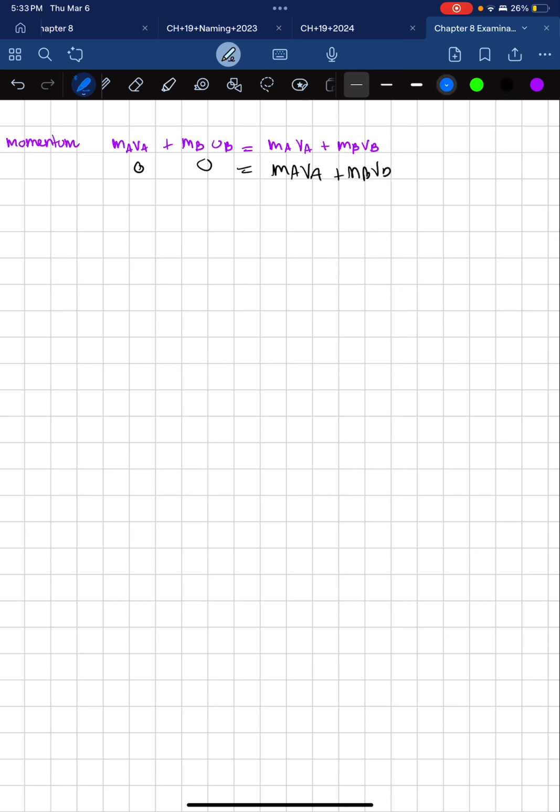Okay, and we're gonna solve for how far to the right from its starting position has glitter B moved?